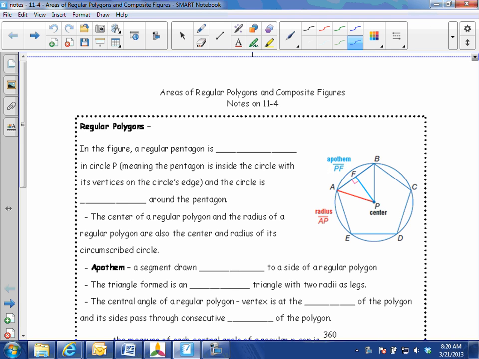They can be concave or convex. What else? All the sides and angles are congruent. There we go, that's what we're looking for. So we're going to have all congruent sides and all congruent angles.